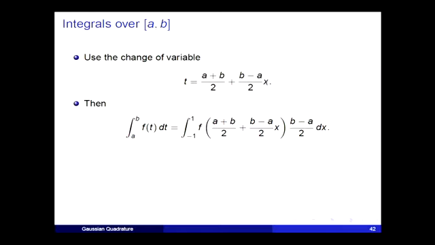Yeah? And if you put x equal 1, you just get b. Okay, so this maps the interval a, b into minus 1 and 1.